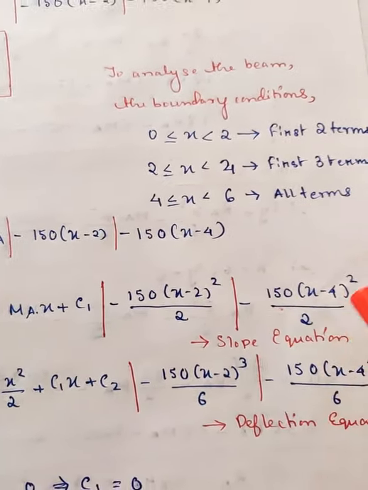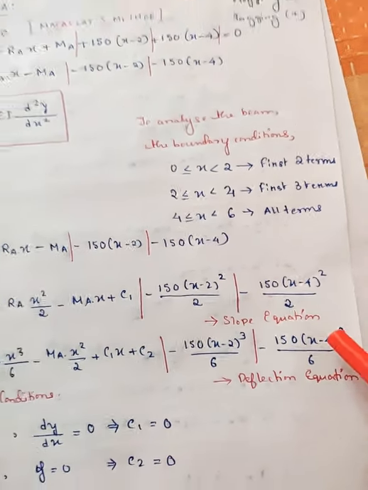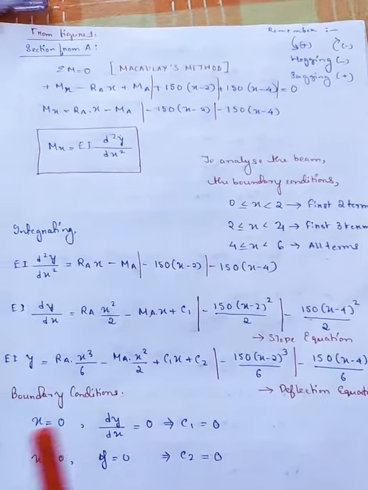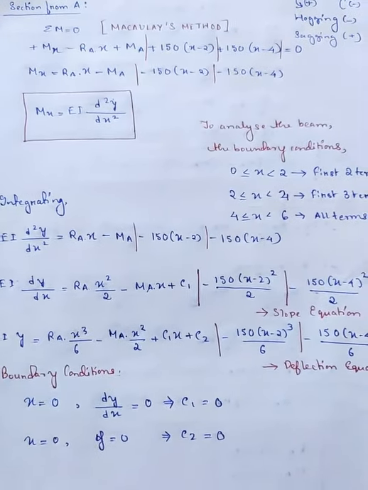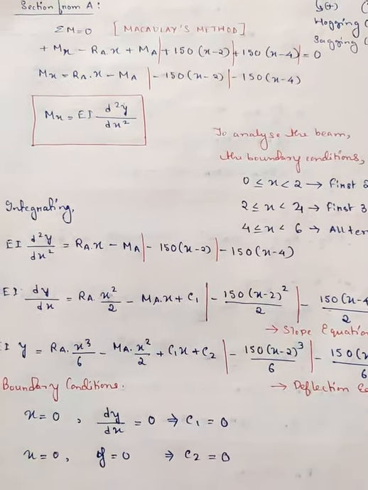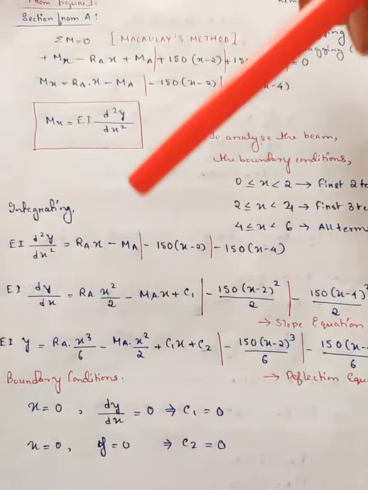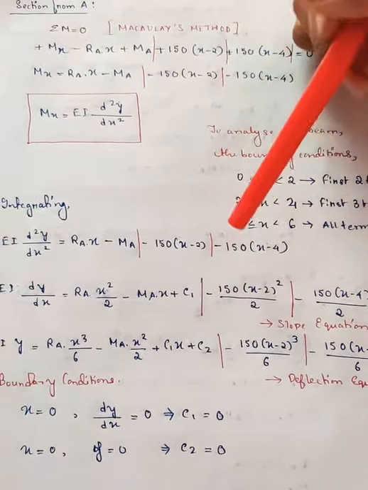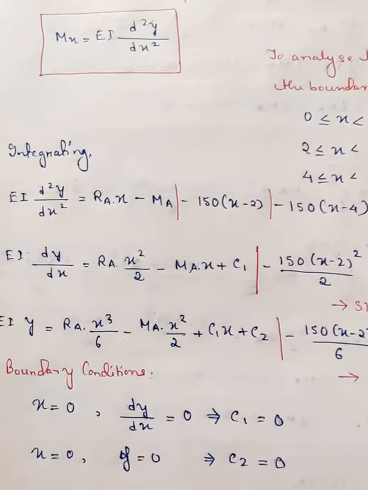Here also one power increases, similarly here also, and thus we got the deflection equation. And applying the boundary conditions, we will find out the values from these equations. Okay.